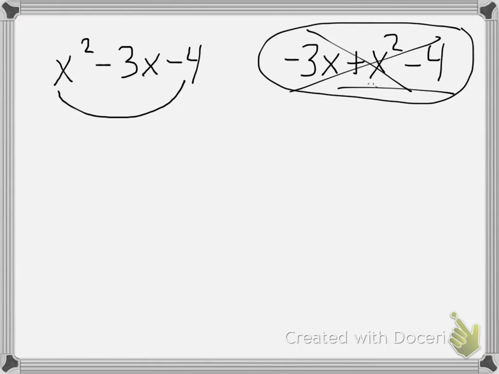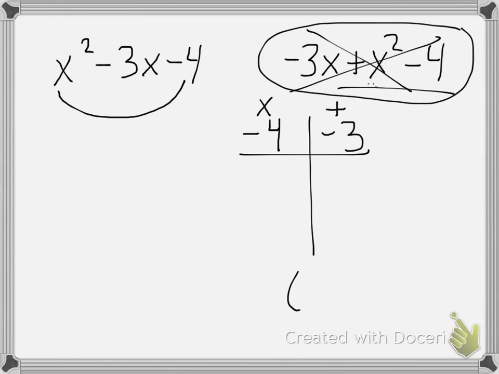So we're looking for something that multiplies to -4, but it adds to -3. If it multiplies to a negative, then one of them has to be positive and one of them has to be negative. That's the only way you get a negative.